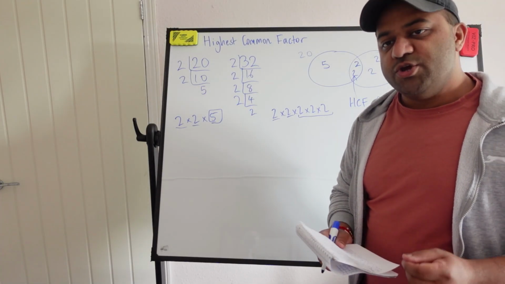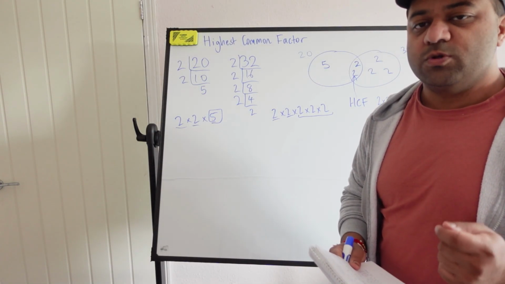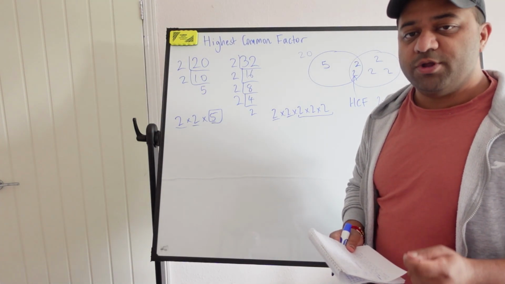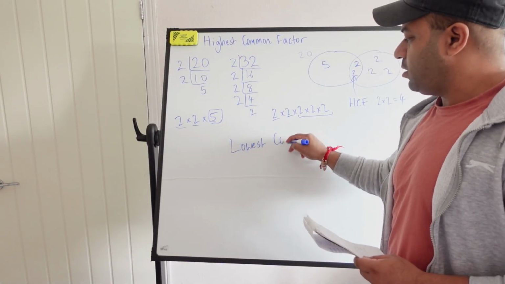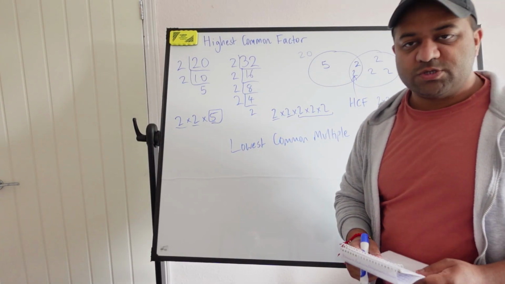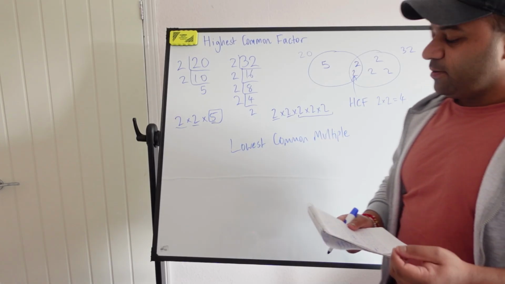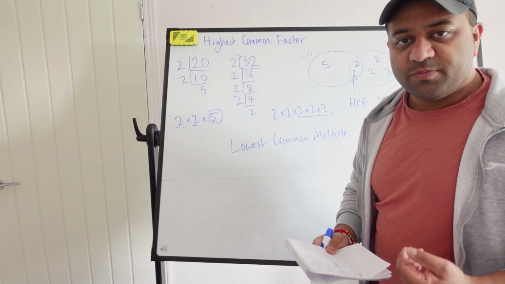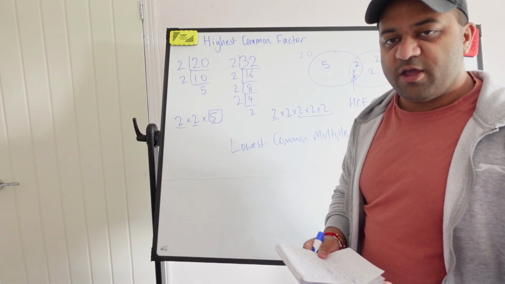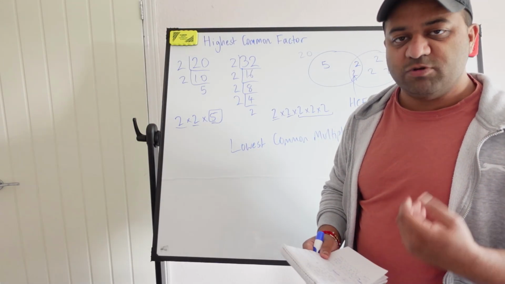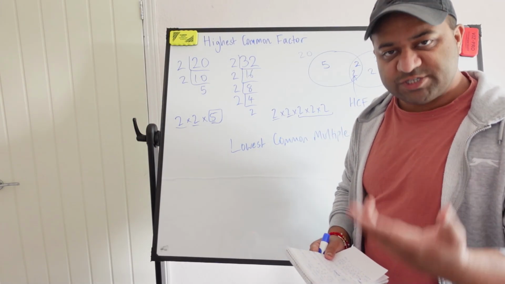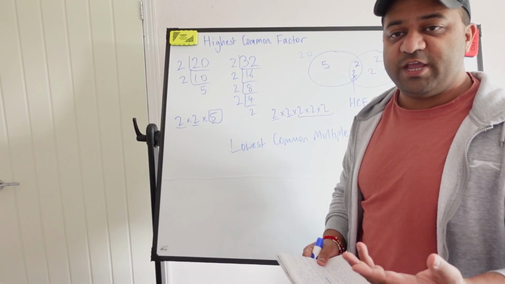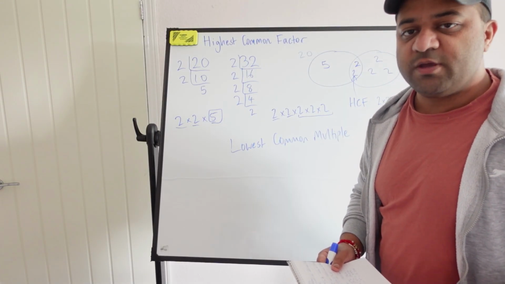Now, using this same example, we'll take a look at lowest common multiple. So what does this mean? Well, a multiple is a number in a times table. For example, the multiples of 5 are 1 times 5, which is 5, 2 times 5, which is 10, 3 times 5, which is 15, and so on and so on.